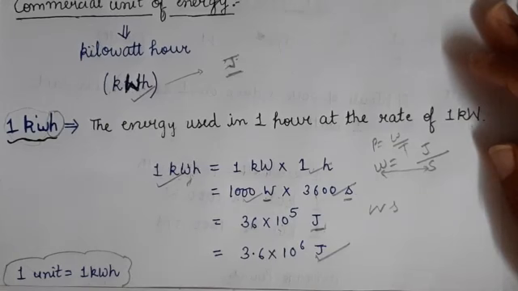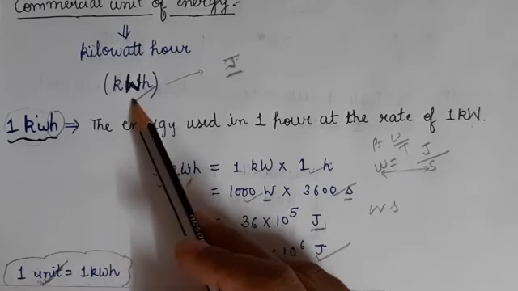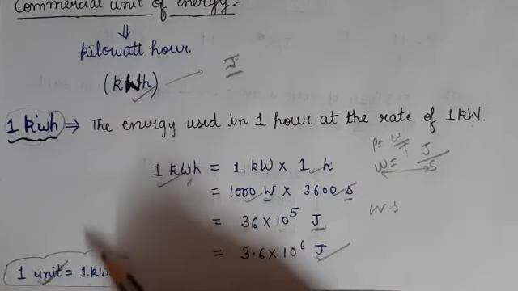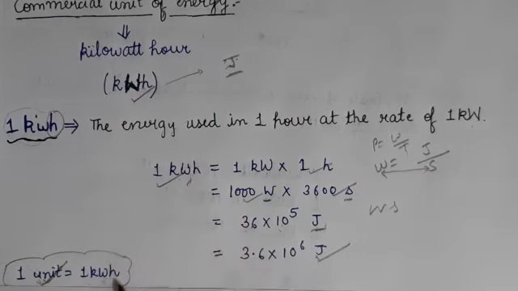How many units have you consumed? So what is 1 unit? 1 unit is 1 kilowatt hour. And you know what is 1 kilowatt hour? That is 3.6 into 10 to the power 6 joules.